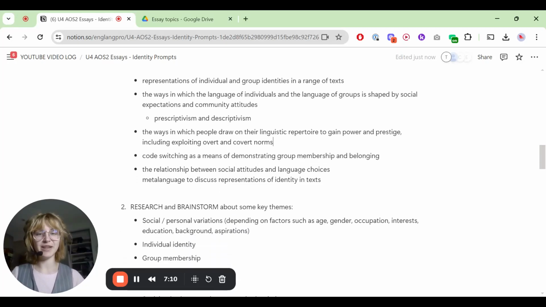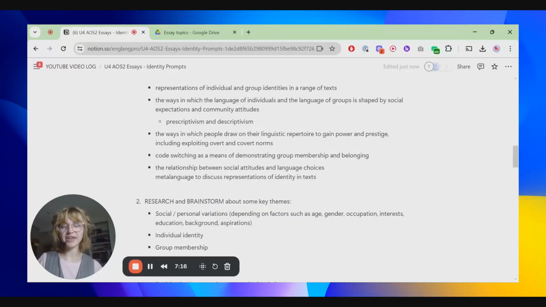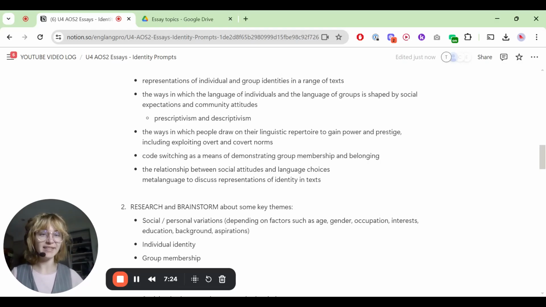Code switching as means of demonstrating group membership and belonging. So whether that means switching up your formality, your actual language, code switching is a huge and quite an obvious, hopefully, if you're given a transcript, for example, if we're talking about AC stuff, code switching should be really obvious to you.